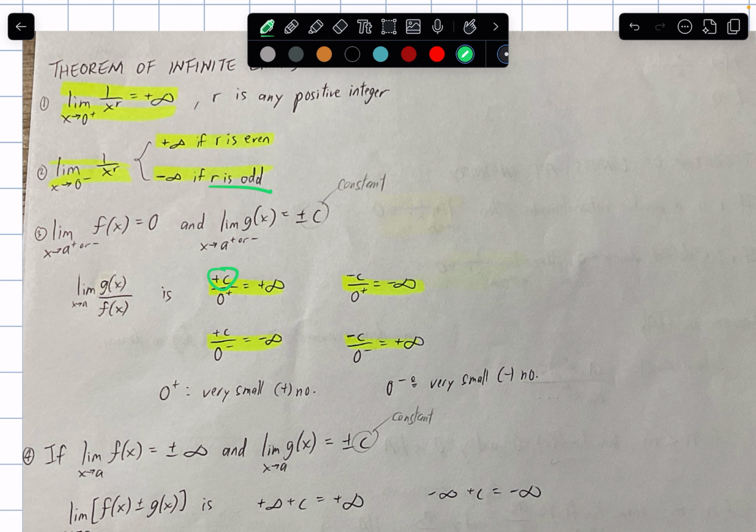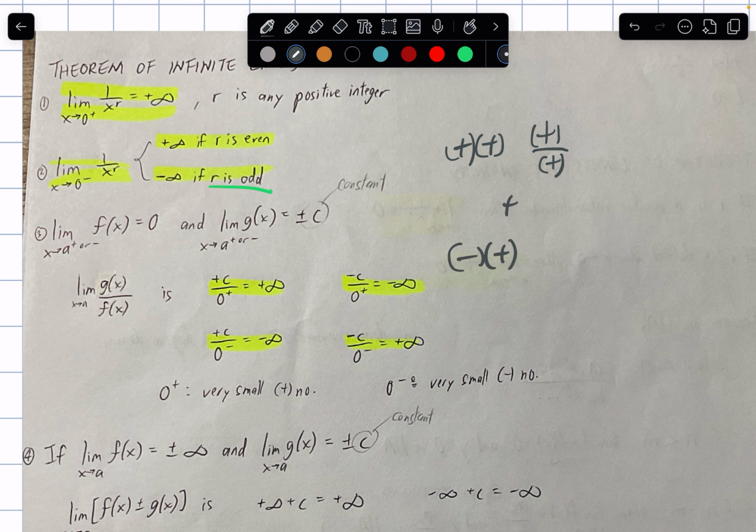We have a constant that's positive, and we have 0 below as a positive, so that's equal to positive infinity. That's easy. Negative constant over 0 positive, so that's going to be equal to negative infinity, similar to the policy on positives and negatives. When we multiply or divide, if it's a positive and a positive, it's still going to be positive.